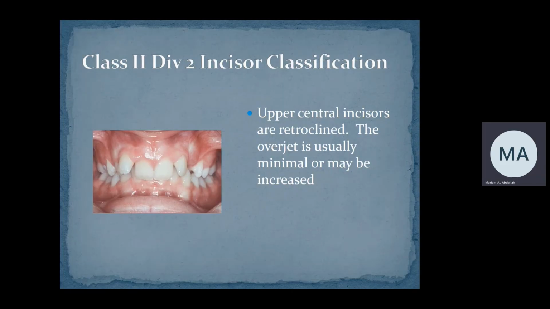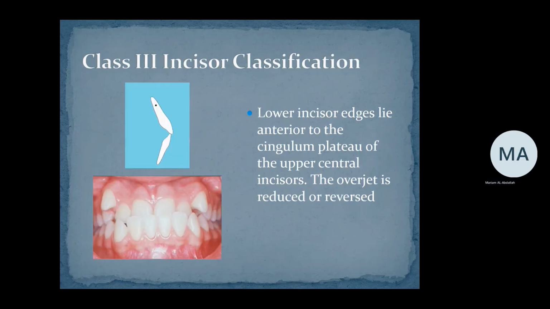This is a must. Okay, and sometimes the overjet is reduced, average, or even increased. So what's a must to call it division 2 is when the upper incisors are upright or retroclined, okay, not of normal inclination. If it's of normal inclination, we don't call it division 2.